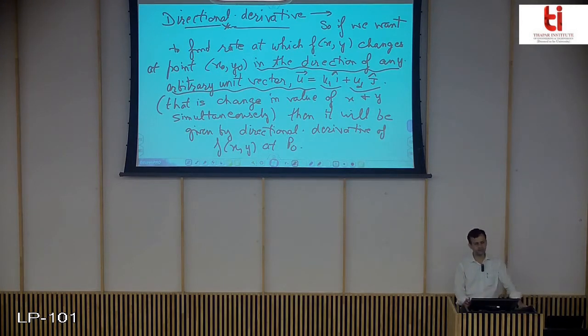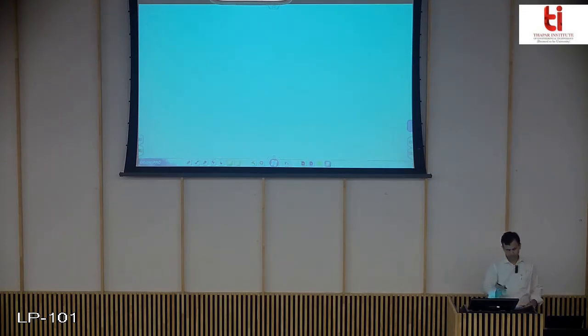So this is the concept of the directional derivative that will give you the rate of change of f in the direction of the unit vector, or with respect to change in the value of both x and y simultaneously. Now here we have a proper definition of the directional derivative.